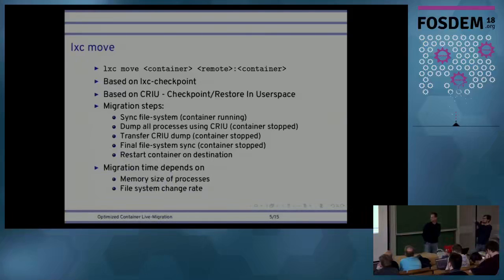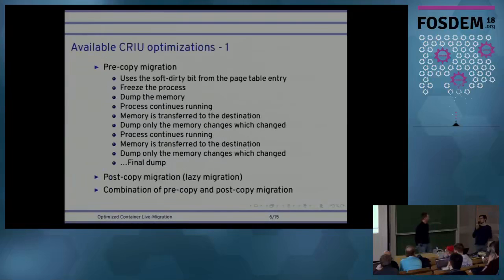In all of these three steps, using CRIU to dump the process, transferring the CRIU dump, and transferring the file system, the container is stopped. So the migration time actually depends on the memory size of the process, due to how long it takes CRIU to snapshot the given process, and then on the file system change rate. For example, if you have a lot of I/O on the source host and then you have to do a file system sync, you will obviously have to do a lot of I/O.